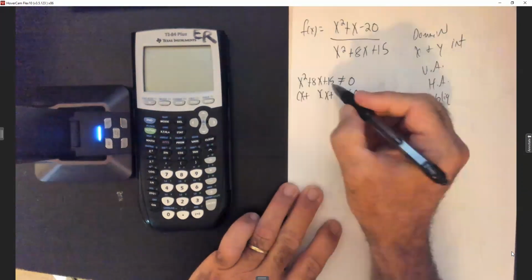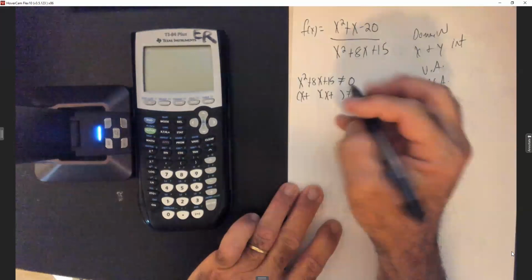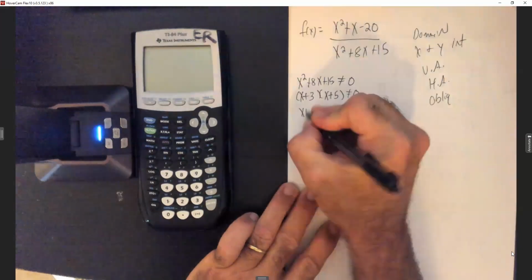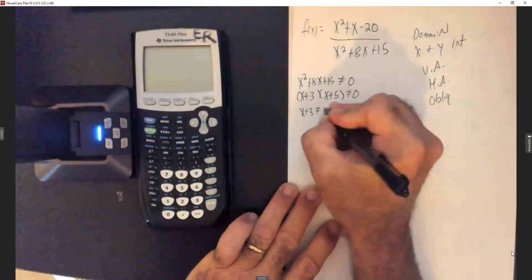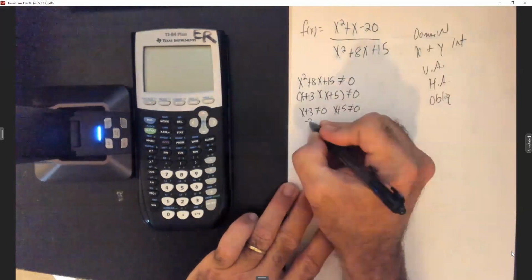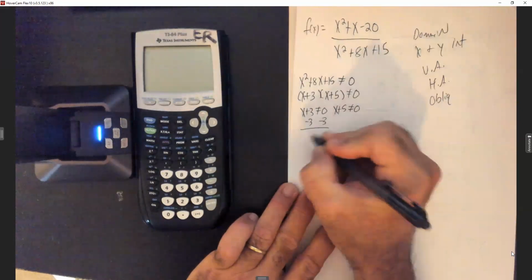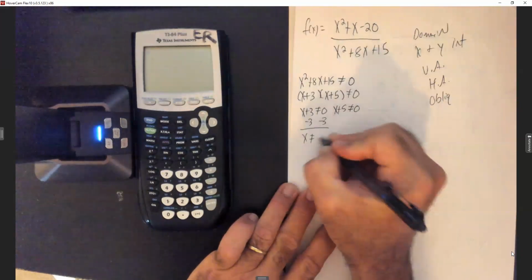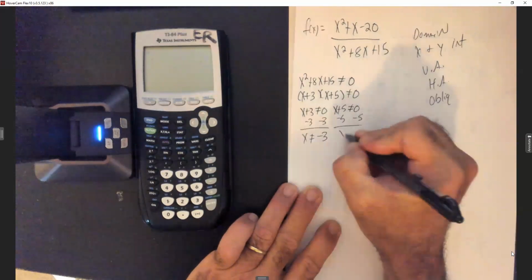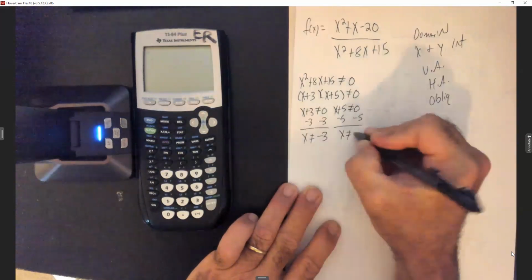And then the factors of 15 that add to 8 are 3 and 5. And then I would solve those by subtracting. So that's going to give me a negative 3. So x cannot equal negative 3. This one will give me a negative 5. So x cannot equal negative 5.